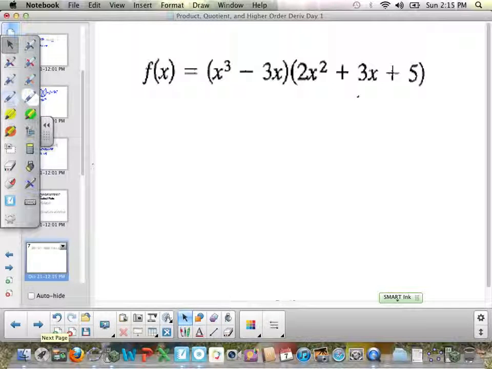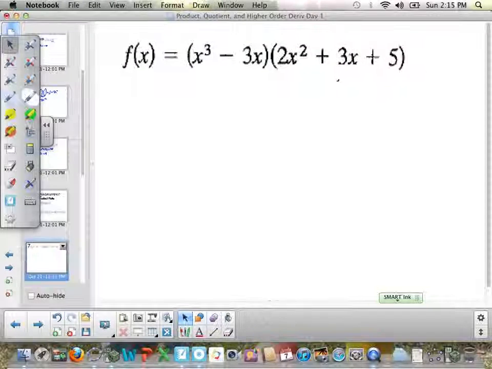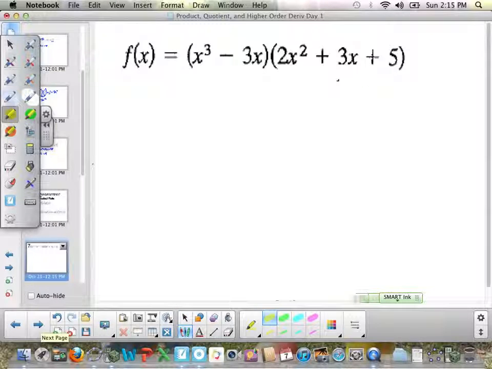Let's apply it. All right? F of x equals x cubed minus 3x times the function 2x squared plus 3x plus 5. Now we can easily see that we have two separate functions here. We got the function that I highlighted in yellow and the function that I highlighted in green.